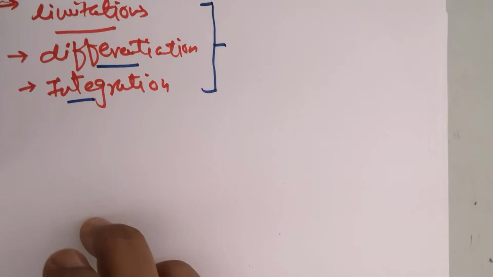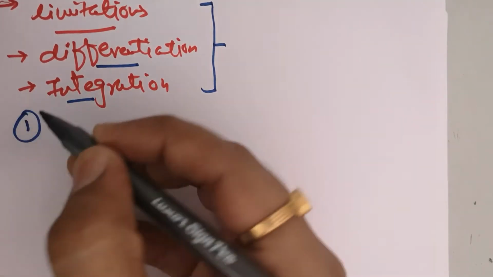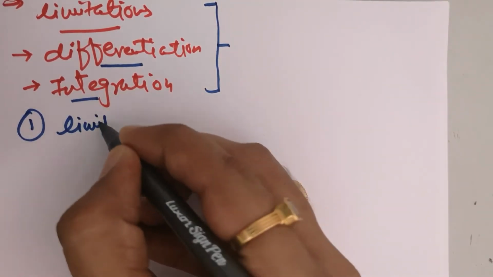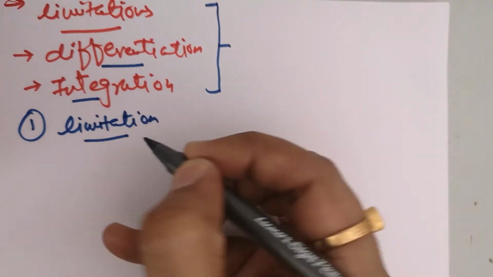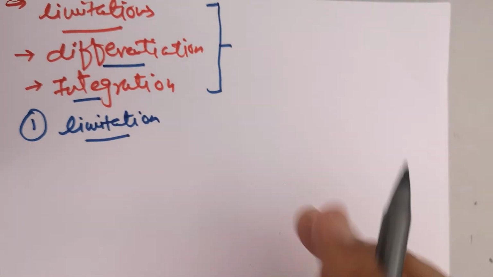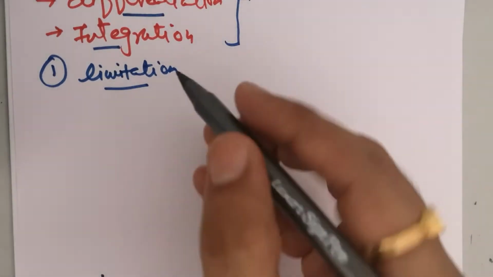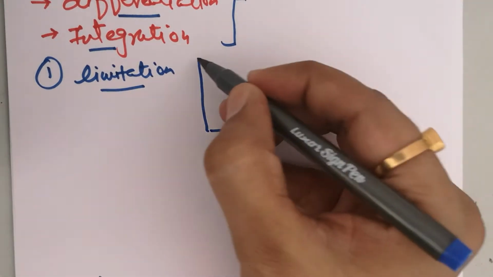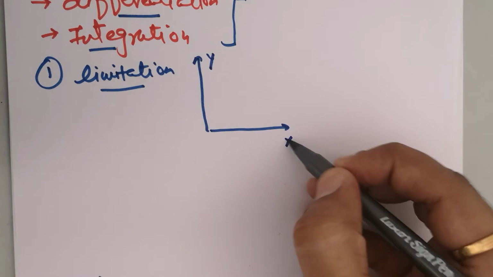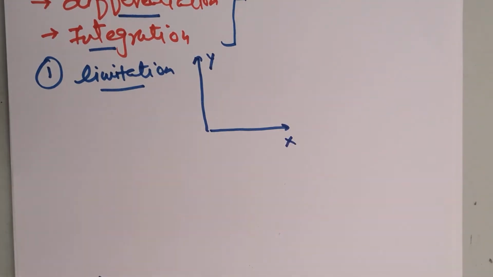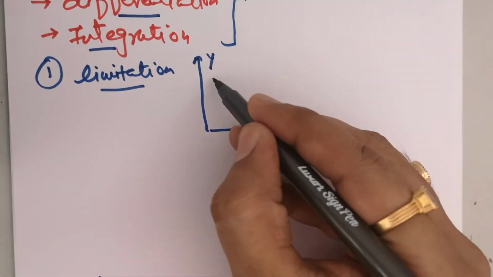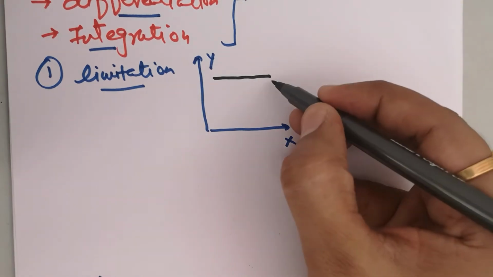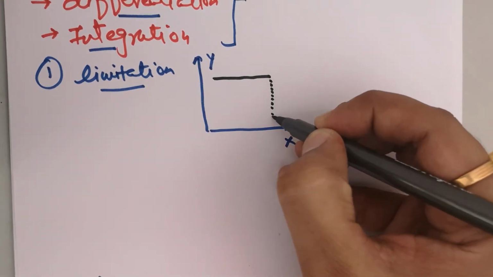First of all, we will discuss limitation. Limitation is dealing with two points. Let's say in primary school you may have drawn some graphs. Let's say I have drawn the x and y axes. First I am drawing a straight line, and I am drawing perpendiculars on the x and y axes.